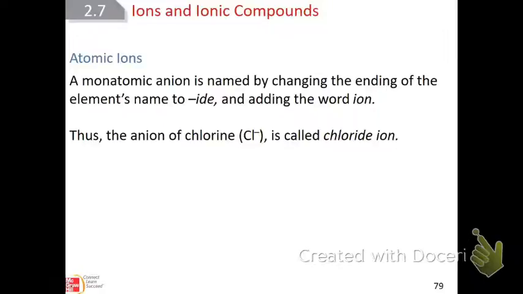All right, so let's talk about naming them. As I was saying, you never change the name of the cation, the positively charged ion. In a compound, it always comes first. The cation always comes first. The positive charge always comes first.